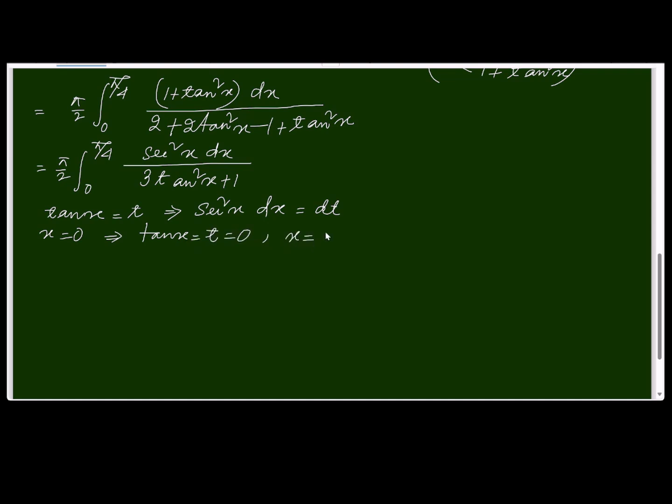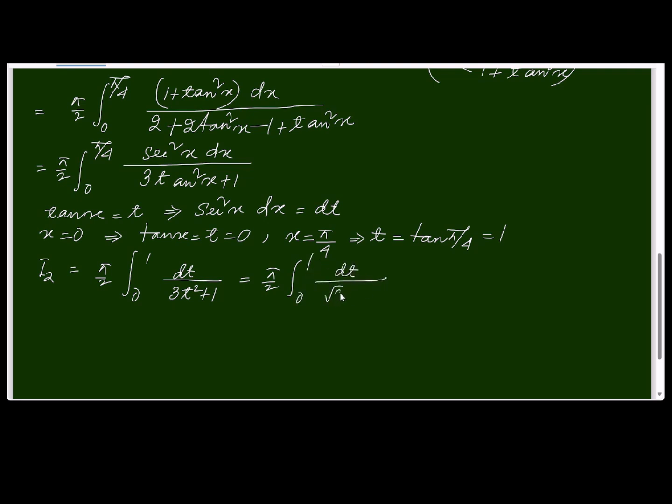And when x equals pi by 4, t equals tan pi by 4, that will be 1. So integral 2 now becomes pi by 2, integral from 0 to 1 of dt upon 3t square plus 1, or this is pi by 2, integral from 0 to 1 of dt over root 3t whole square plus 1.